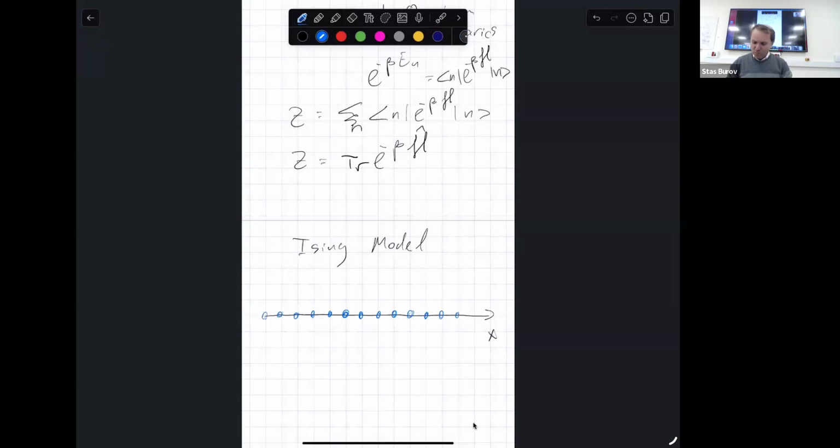And those blue balls or blue points are particles that can have either spin up or spin down. The only thing that you look at in the whole system is those spins. At any point i, there is a spin that is associated with this specific point, and the spin can have two values, either +1 or -1.